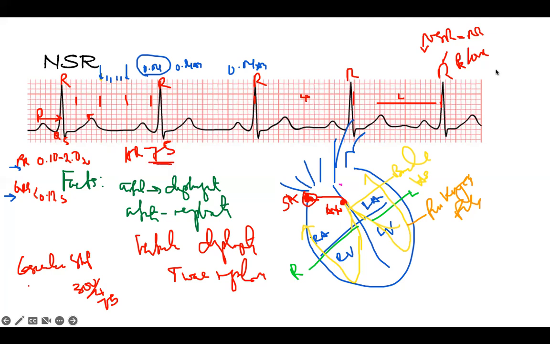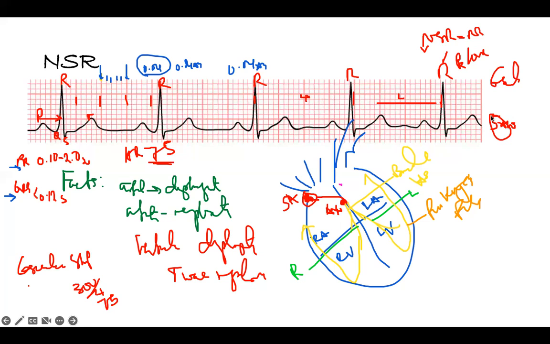If they tell you this is a 6 second rhythm, all you need to do is calculate from here the R's. So how many R's do you have? You calculate the number of RR. So 1, 2, 3, 5 times 10. But this is not a 6 second rhythm.